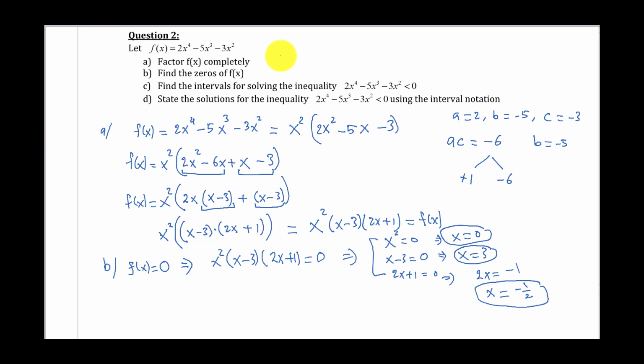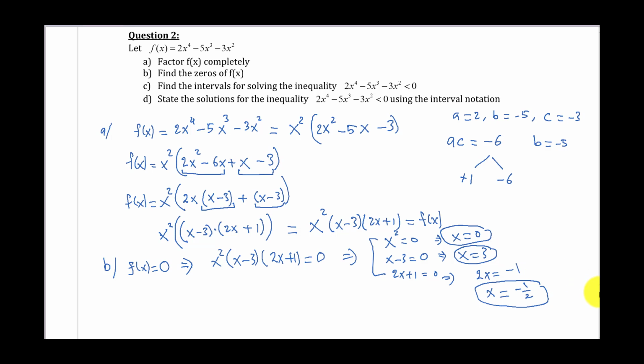Now the next question is asking you to find the intervals for solving the inequality 2x to the 4th power minus 5x to the 3rd power minus 3x squared less than 0. Solving any inequality is similar to solving the equation.